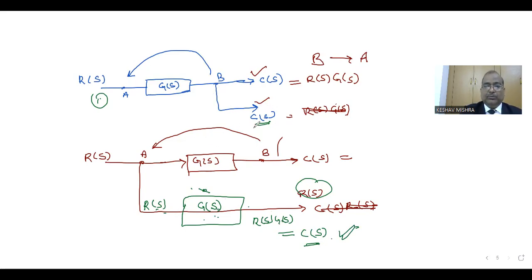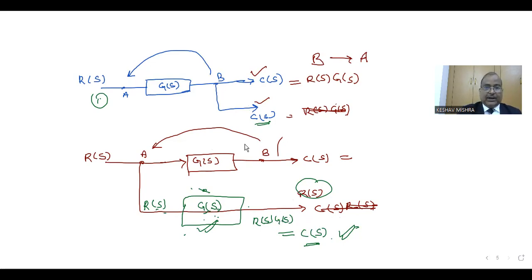So it is possible to shift the takeoff point. The only thing we have to consider is that the output should not change. So in this case, we have introduced this block with transfer function Gs, which will provide the output Rs and Gs, equal to output Cs.